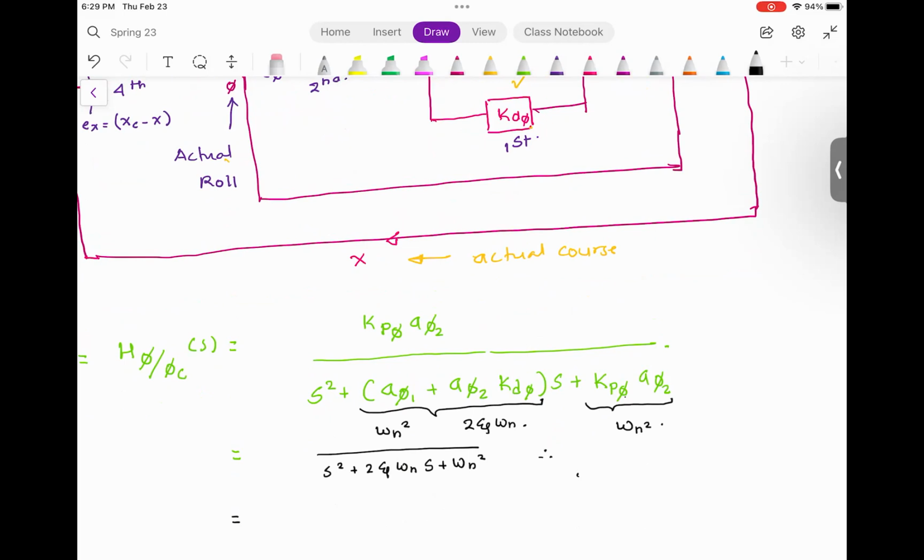So basically you can control the gains or the performance. And ideally what needs to happen is something like this. I want you to understand, at the end of the day, no matter what happens, we want the output to equal the input, which means if I set my input, in this case, if I set my phi c as 0 degrees, then somehow the steady state output should be 0 degrees.